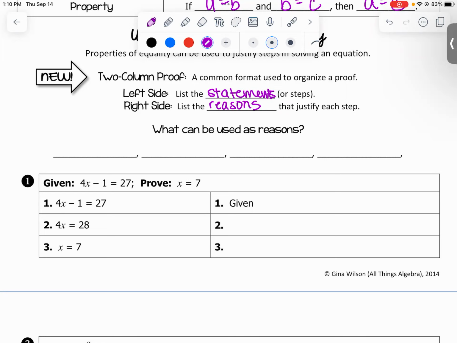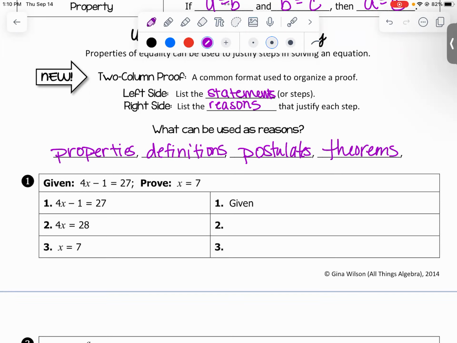In the reasons, we're going to be able to use properties, like we just wrote down. When we get into more geometry stuff, we can use definitions, postulates, and theorems.